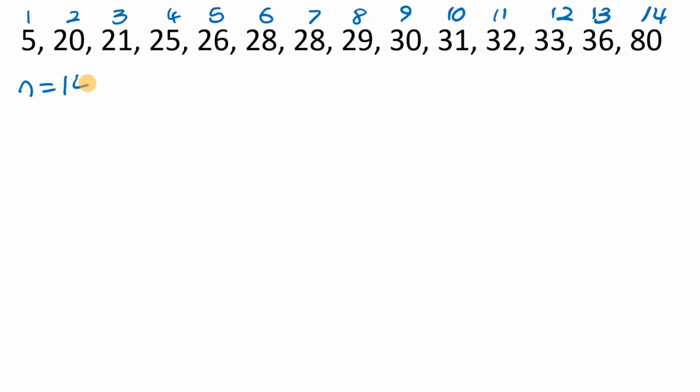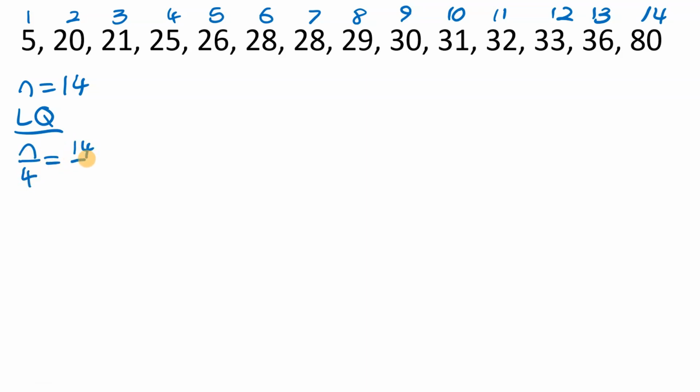So for a list of data, we first need to find the number of data points. For this list here, we have 1, 2, 3, 4, 5, 6, 7, 8, 9, 10, 11, 12, 13, 14 data points. So that means n is equal to 14. Let's start with the lower quartile. To find the lower quartile, we need to find n over 4.